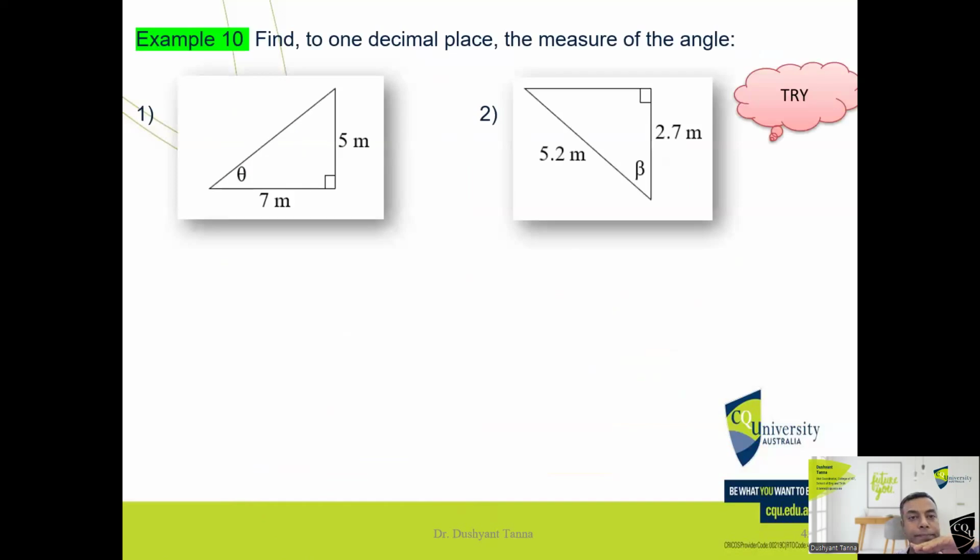Measure of the angle. Let's try that one.